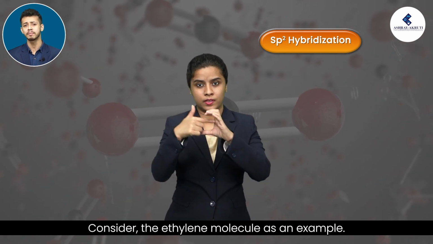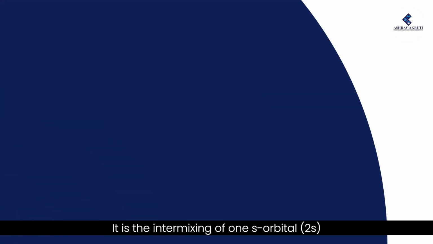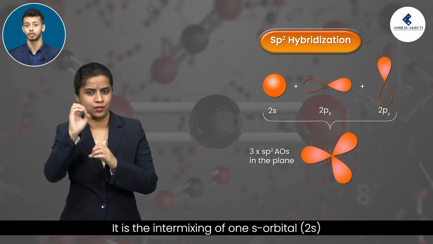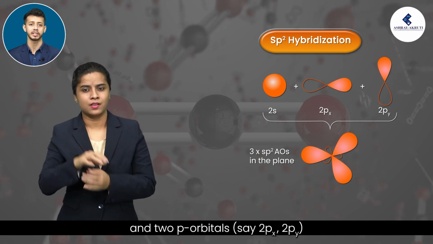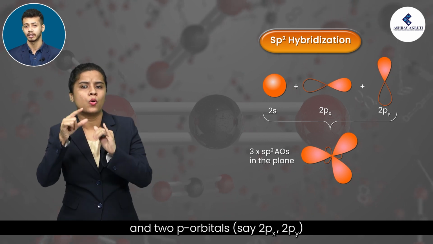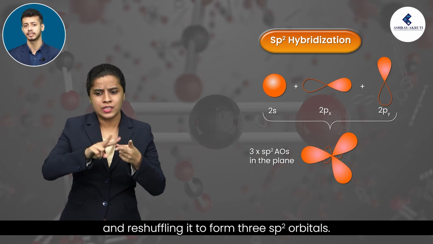Consider the ethylene molecule as an example. It is the intermixing of one s orbital, 2s, and two 2p orbitals, say 2px and 2py, and reshuffling them to form 3 sp2 orbitals.